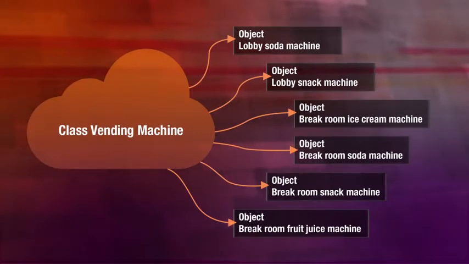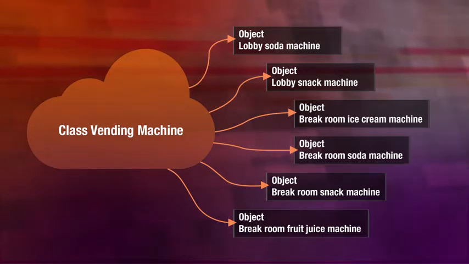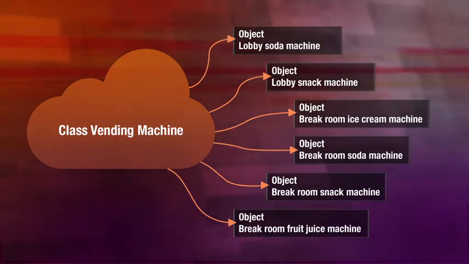Our focus in object-oriented programming is to identify objects. In the case of vending machines, any particular vending machine is an object. For example, the soda machine that's sitting in the lobby of my building is an object. It's a single, specific, actual vending machine. But we would also like our program to handle vending machines more generally.